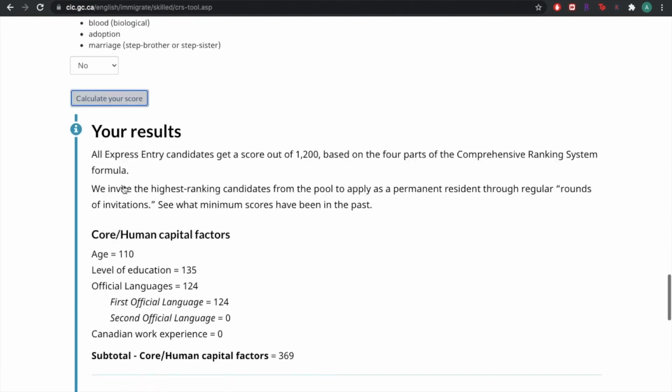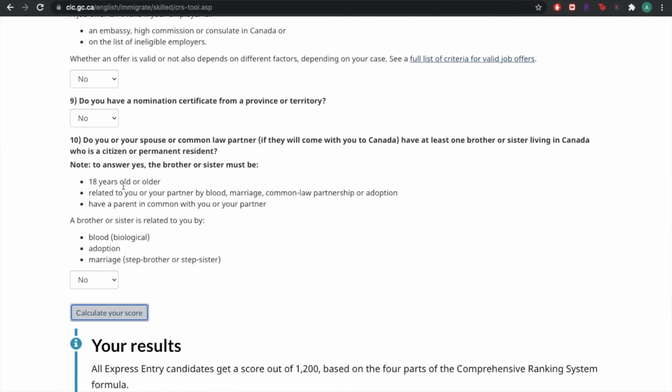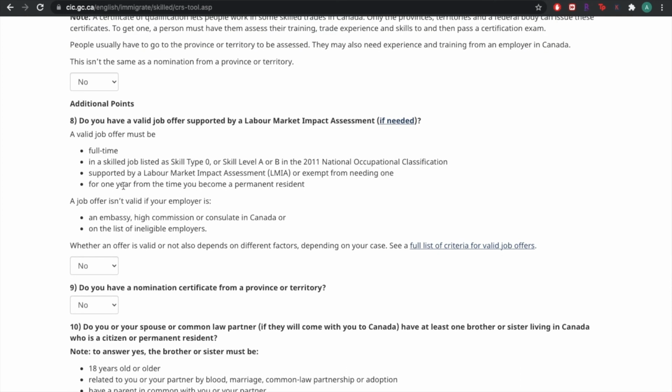Look at this guy chilling at 469 all by himself without any spouse. With a spouse that does not have a bachelor's degree or does not have an English exam, it would totally be on a lower score. But take a look at it now. All by himself, he can come to Canada. Then when he's here, he's a little bit settled. He can do a spousal sponsorship for his wife or husband.